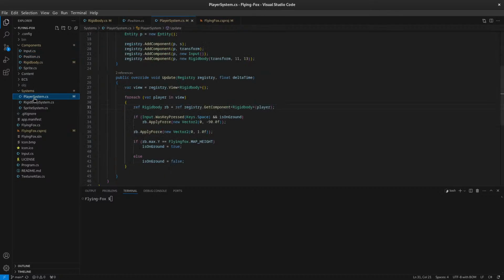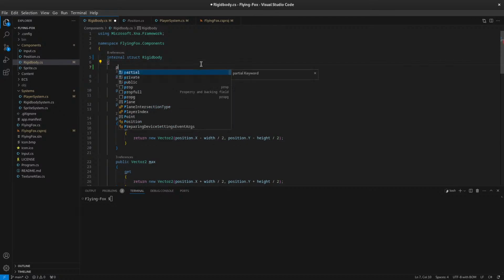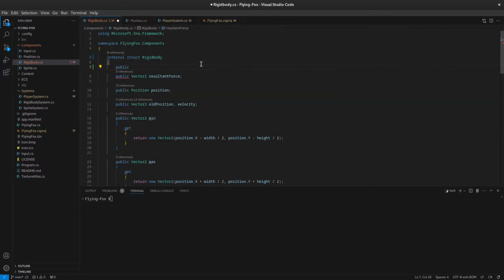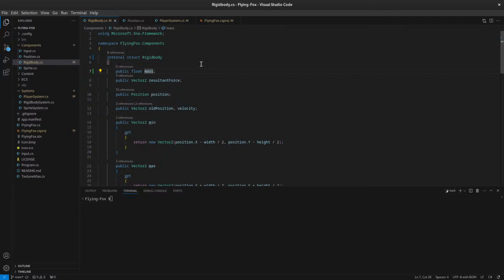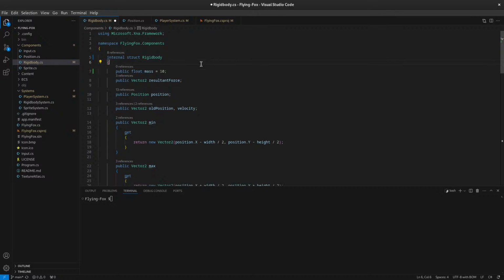Let's go to the rigid body, sorry, and add a new variable, and this will be mass. Let's say this is 10. The actual SI units are kilograms, so you can pretend it's kilograms.